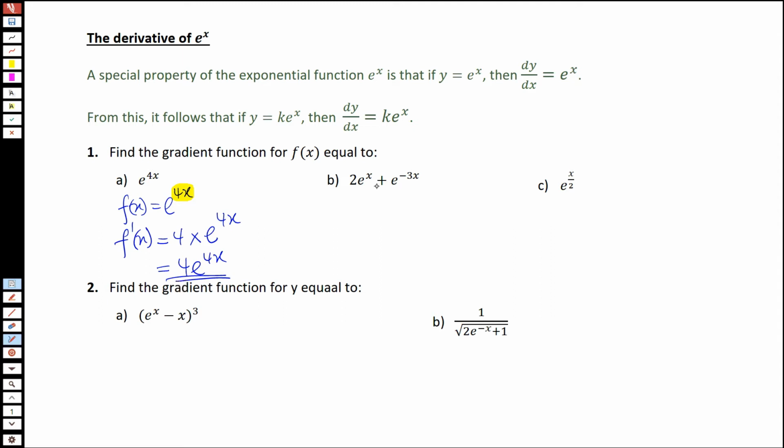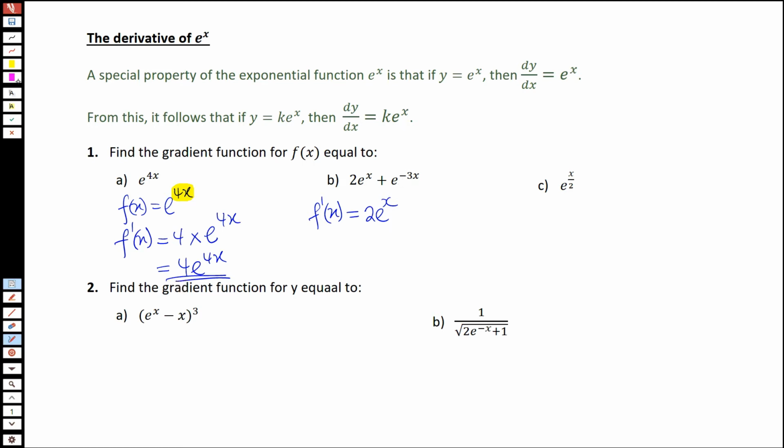In this case here, f of x is equal to that. So f dash x will be equal to, now 2 is just a constant, so it does not have any effect with e to power x. So the derivative of this term will just be 2 e to power x as it's stated here, because k here happens just to be a constant.